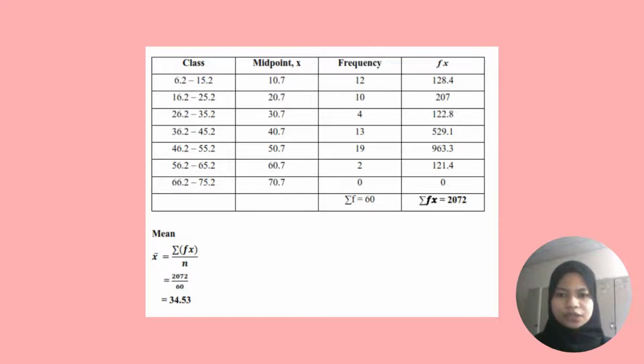The formula for the mean is the sum of the frequency times x, where x is the midpoint, divided by n, which is the total of the frequency. That equals 2072 divided by 60, which equals 34.53.